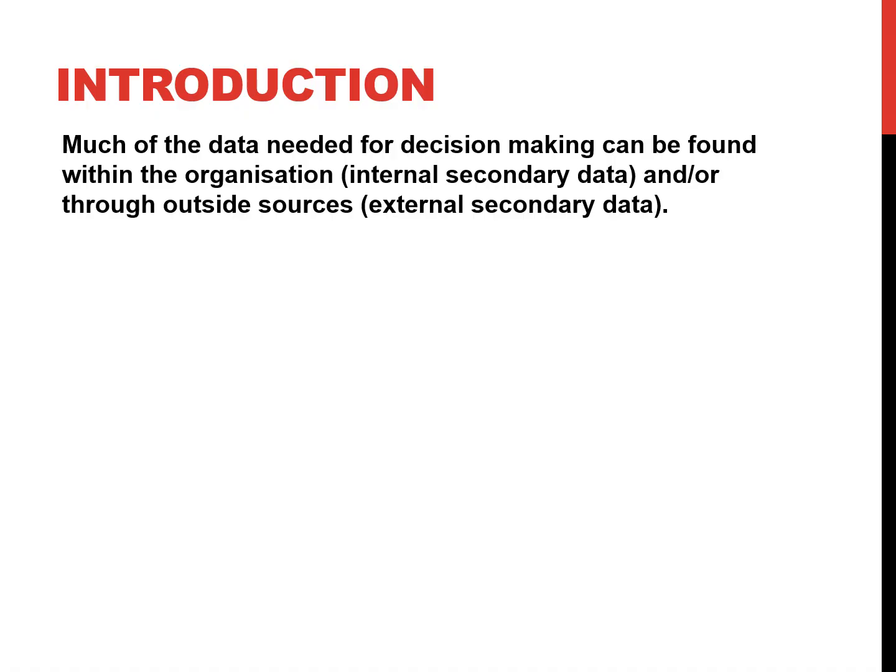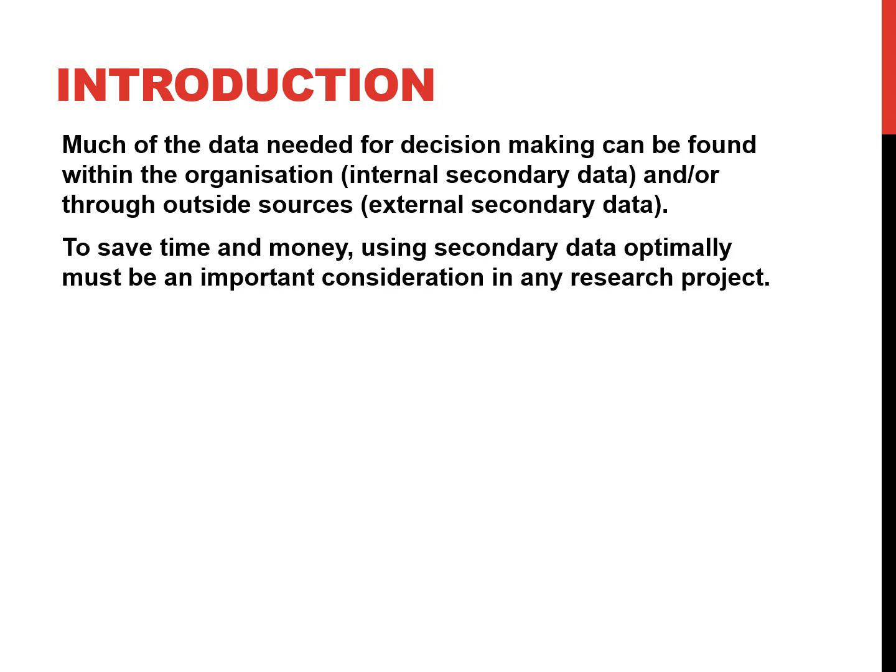So much of the data for decision making can be found within an organization or outside of the organization. As I said, it's data which has not been specifically collected to answer the research problem. And obviously the most important reason for using secondary data is, first of all, it's readily available.